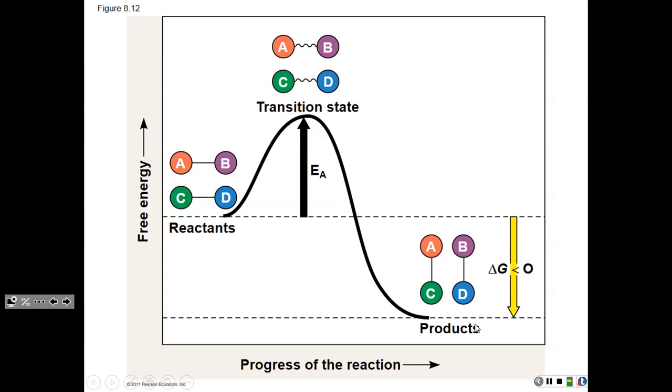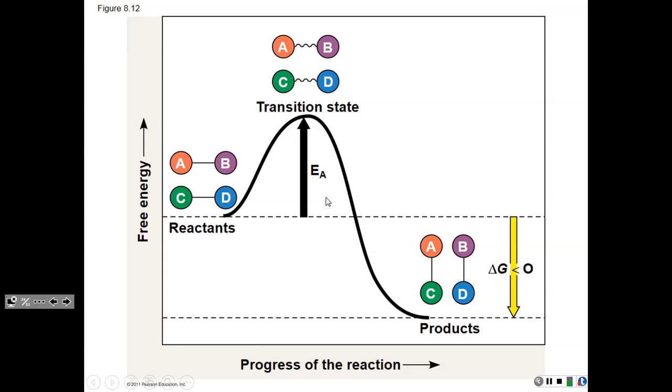If you fall this way, you release a big chunk of energy, and we've done something like burn glucose and made carbon dioxide and water. Okay? But to get from the stable reactants to the stable products, again, you got to pass through that transition state. If you do, you get a big payoff of energy. If you don't, you just hang out there indefinitely.